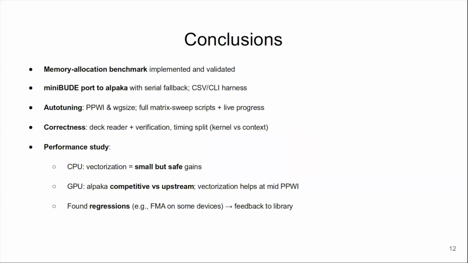So, conclusions. I delivered two working benchmarks, memory allocation and mini-builder. The mini-builder port uses a single Alpaka kernel with serial backends, exposes PPVI and VG size as auto-tuning parameters, and comes with a script to sweep, export CSV files, and visualize results.